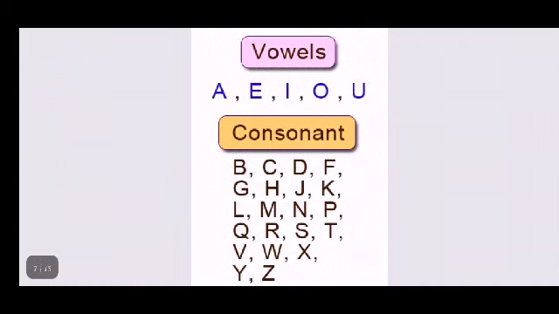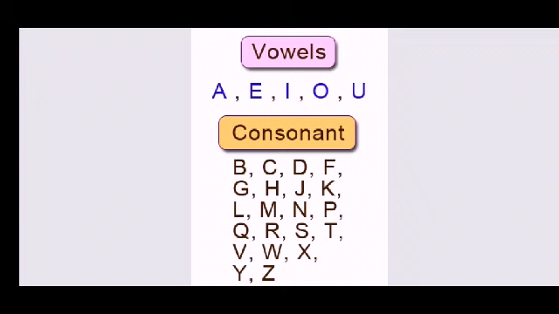See here, one is vowels and another one is consonants. In vowels, we have 5 alphabets. They are A, E, I, O and U. We call A, E, I, O, U vowels.